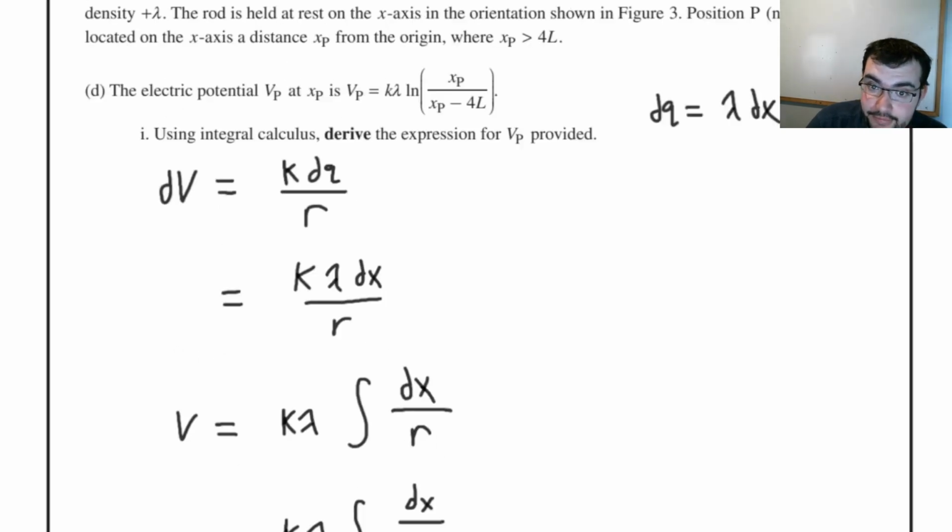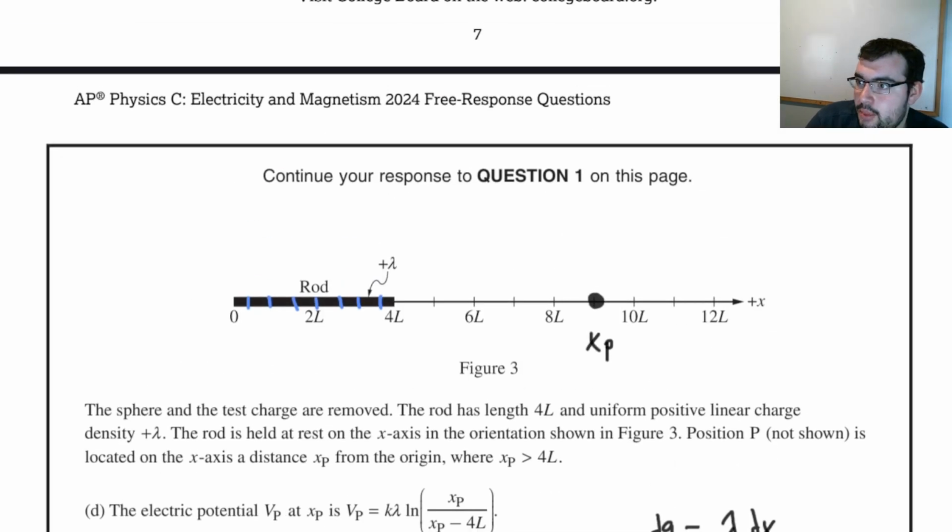So let's see. I'm going to define my variable. There's a couple ways of doing this. I'm going to define my variable x as the distance from x sub p to the rod segment. So we're going to call this distance right here x. So I just need to find the largest distance x can be and the smallest distance x can be.